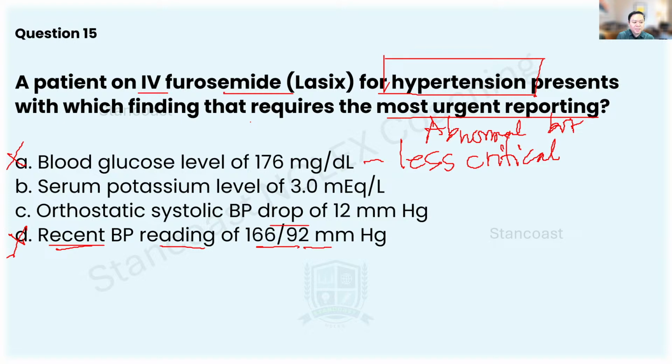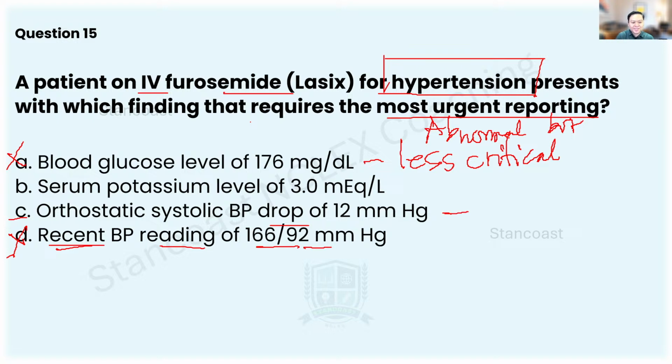Nope. If you answered orthostatic systolic blood pressure drop of 12 mmHg, we know that this is going to be a concern, right? A 12 mmHg drop. But coming from a reading that is already high, will this pose a greater concern since they already have hypertension?